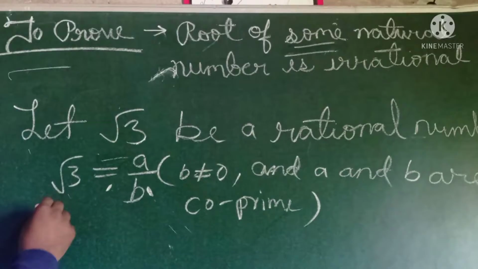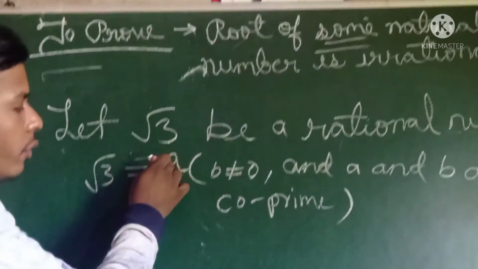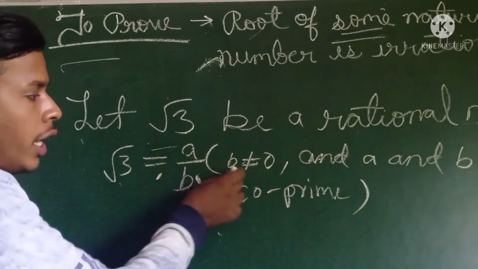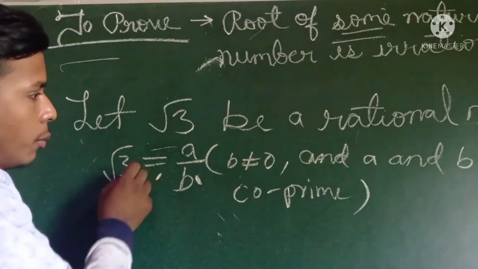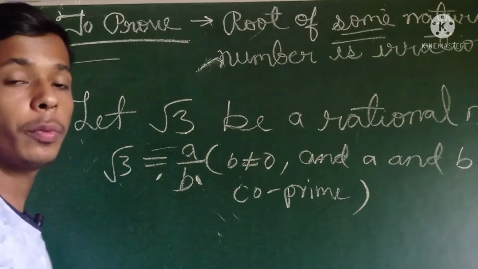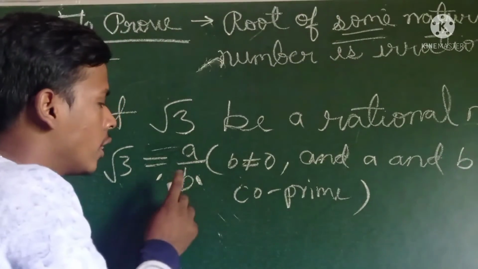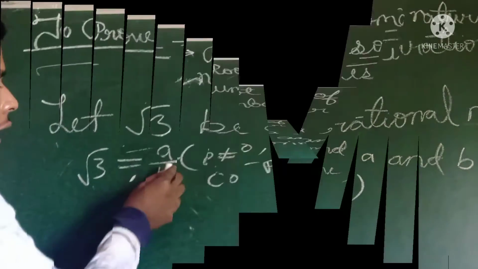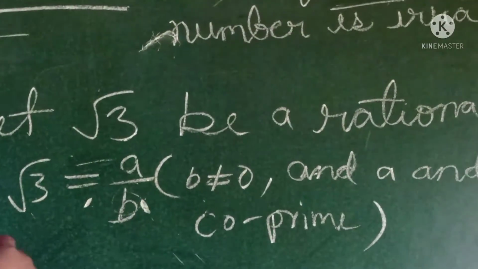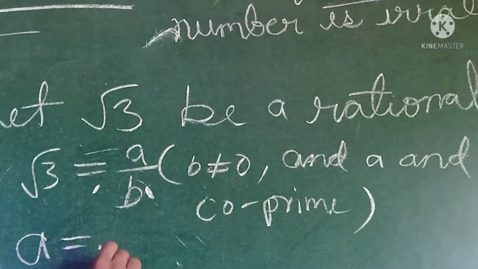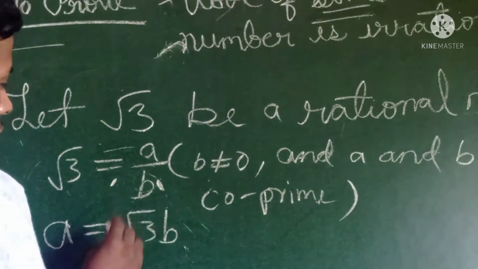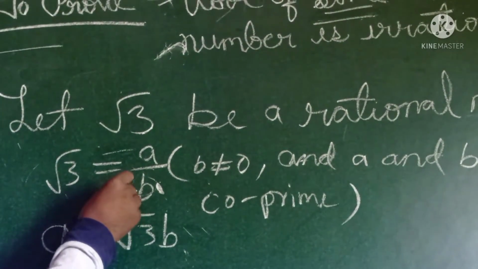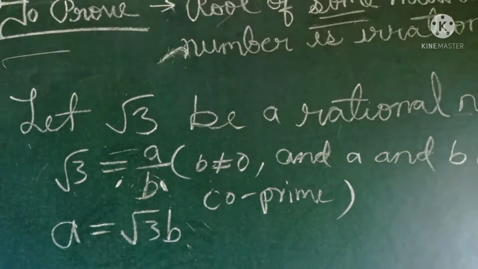Here we have written that root 3 equals a by b, where b is not equal to 0 as it is a rational number, and a and b are coprime, meaning they have no common factor other than 1. Now a equals root 3 b, as I have sent this b to the other side of the equal sign.